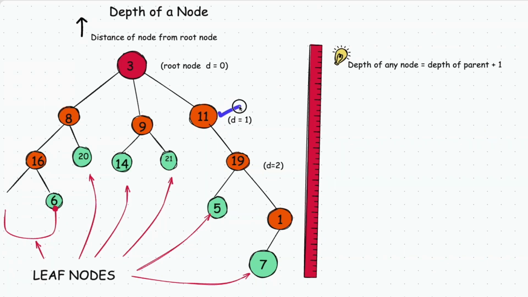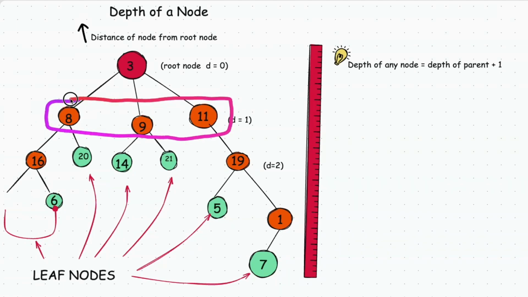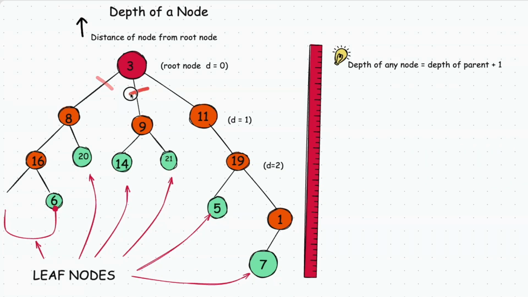Now if we consider 11, the depth of 11 would be 1 edge from the root node, so its depth is 1. Similarly, all its neighbors have depth 1 because they are the same distance away from the root node. Now if we consider 19, its depth is 2, because it is 1 and 2 edges from the root node. If we generalize this to a formula, it becomes depth of parent plus 1.